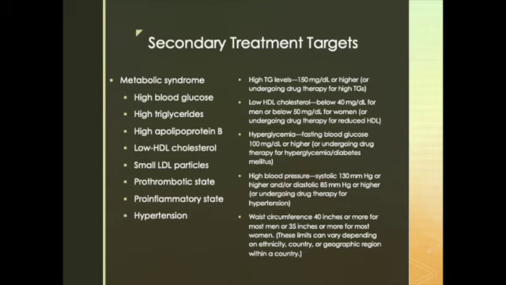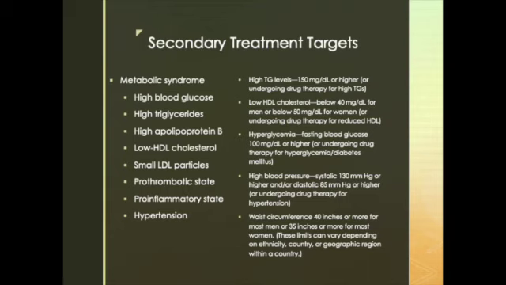Low HDL cholesterol is anything below 40 milligrams per deciliter in men and below 50 in women, or if they're undergoing therapy for reduced HDLs. Hyperglycemia is a fasting glucose over 100 milligrams per deciliter, or if they're already using some type of drug therapy for hyperglycemia or diabetes.